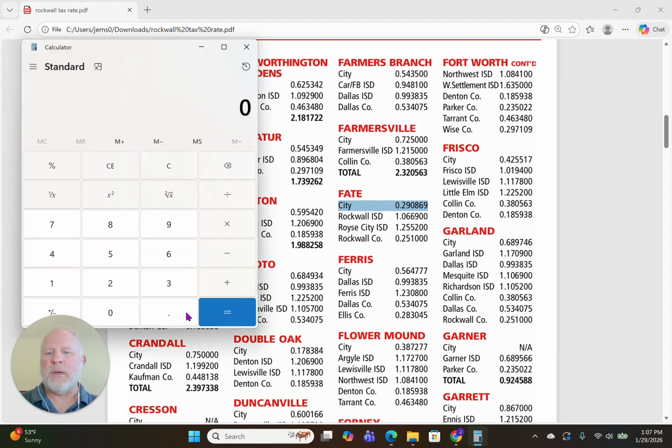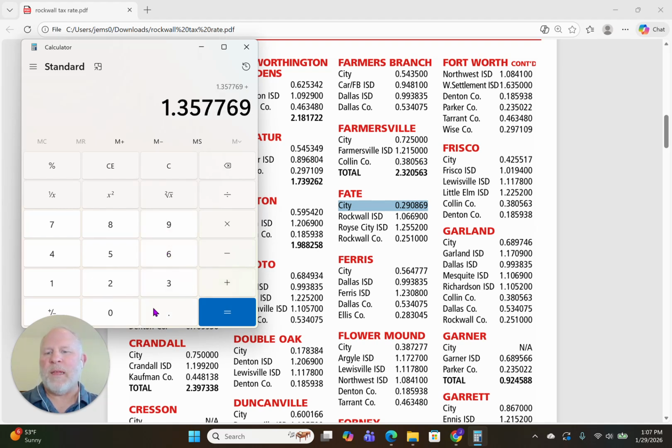So the way that's going to look is we're going to go 0.29869. Then we'll add in, remember, this particular property is in Rockwall ISD, 1.0669.